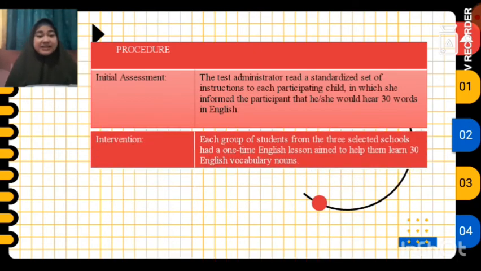The second is intervention. Each group of students from the 3 selected schools had a one-time English lesson aimed to help them learn 30 English vocabulary nouns. The lesson consisted of a 30 minute group activity conducted in the regular classroom.